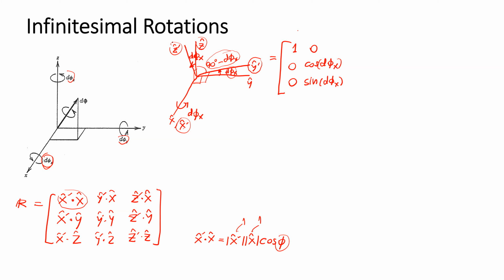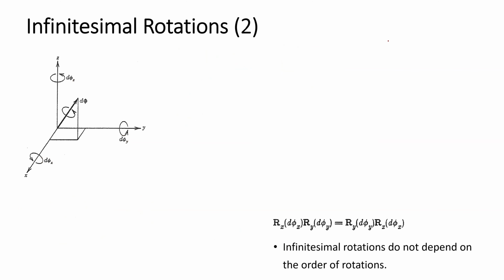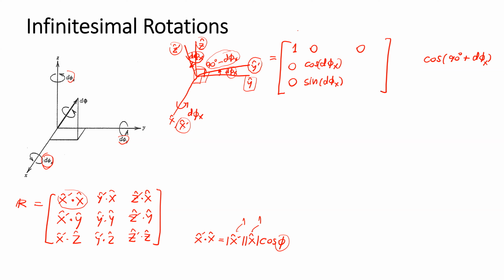How about z prime? z prime makes 90 degrees with x. z prime and y have 90 degrees plus d phi x, so the cosine of 90 degrees plus d phi x will be minus sine of d phi x.